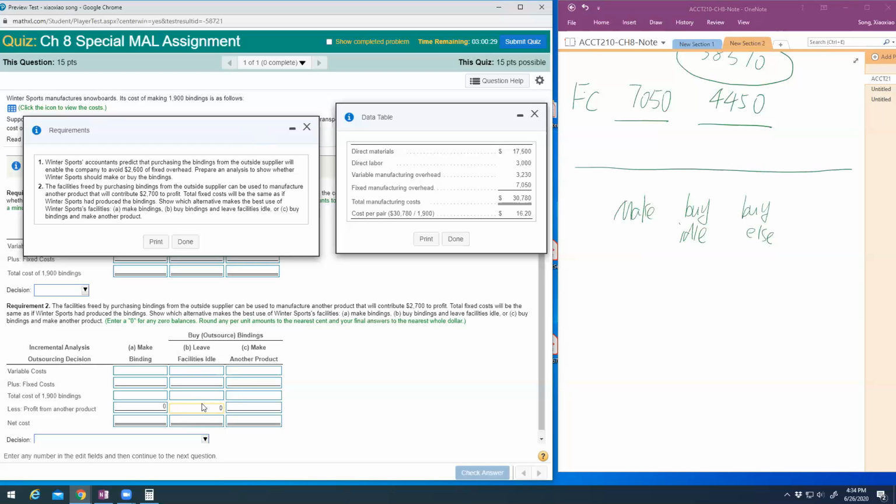The last scenario is you buy, but you make another product. Your variable cost will be the same as your second scenario, that is, you will have the purchase price and also the transportation and the logo. The only difference is your fixed cost.